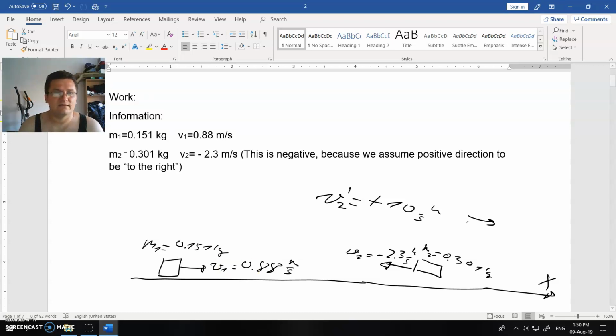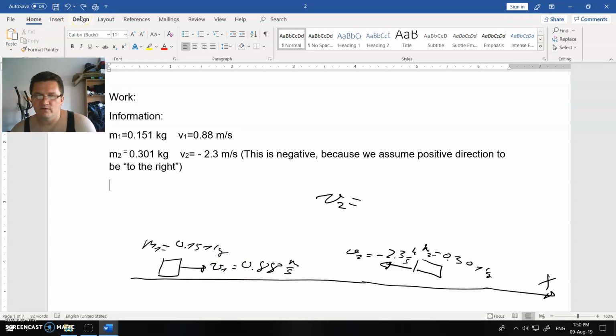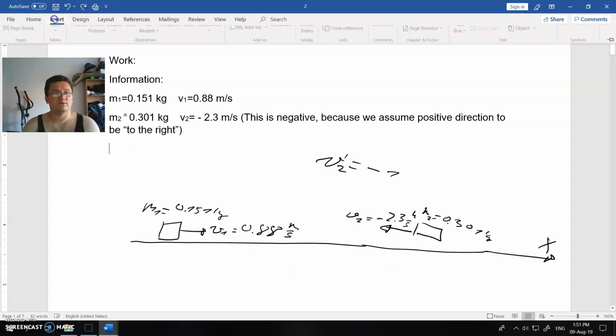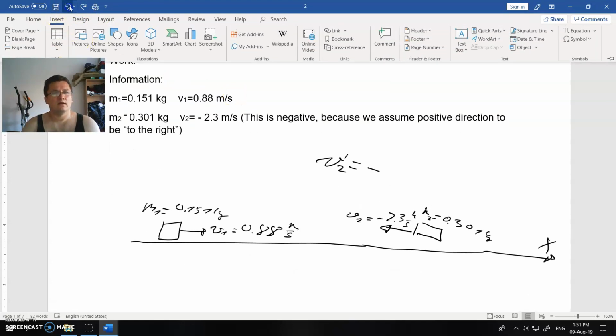But if we get V2 prime is minus 10 meters per second, that will mean this object will go to the left. How much is it? For now, we don't know that, but this is a starting point.